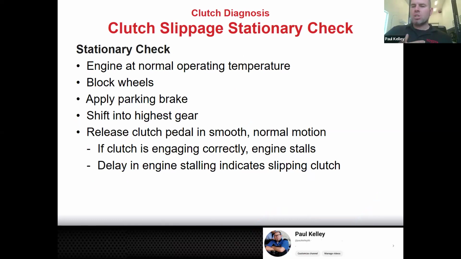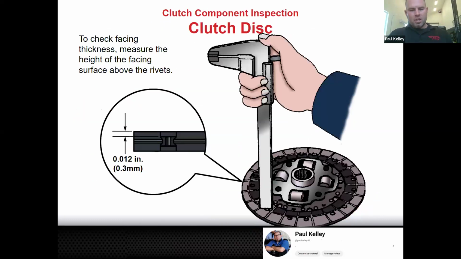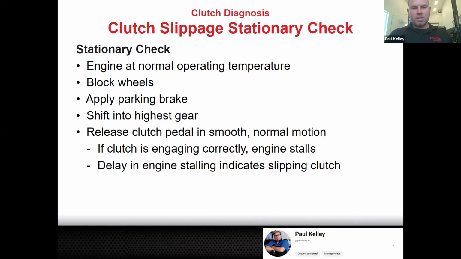Cool. Now this is what I'm going to do most of my tests, in the vehicle, not taking the vehicle apart, right? Back up. This is how you check a clutch disc if it's out, this is how you check a clutch if it's in. So start the vehicle, get it up to operating temperature, block the wheels, apply the parking brake, shift into the highest gear, 5th, 6th probably. Slowly and smoothly release the clutch.